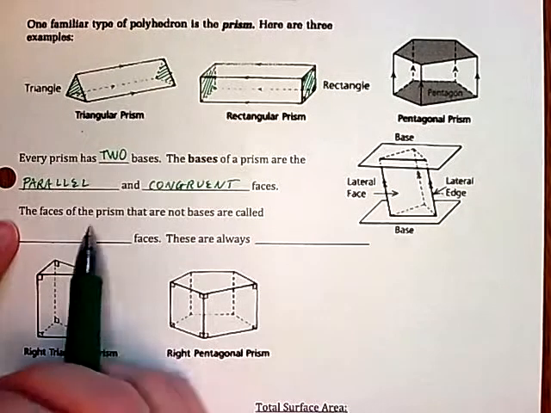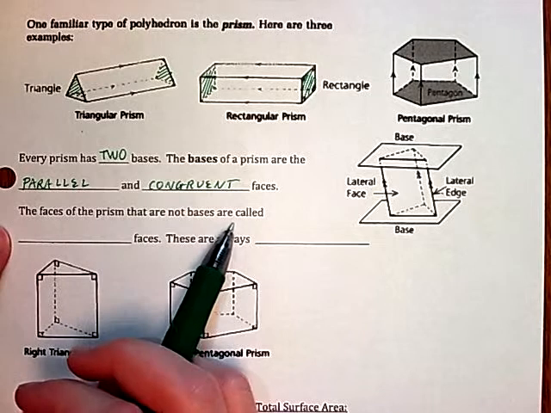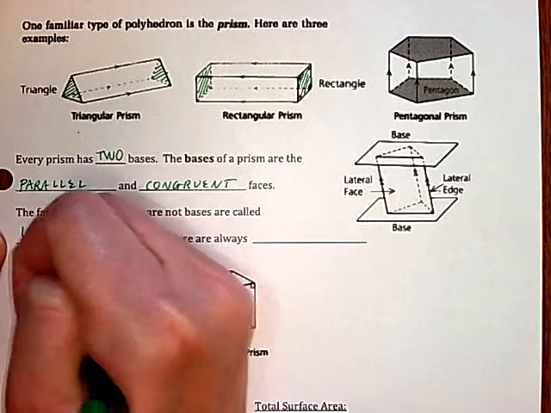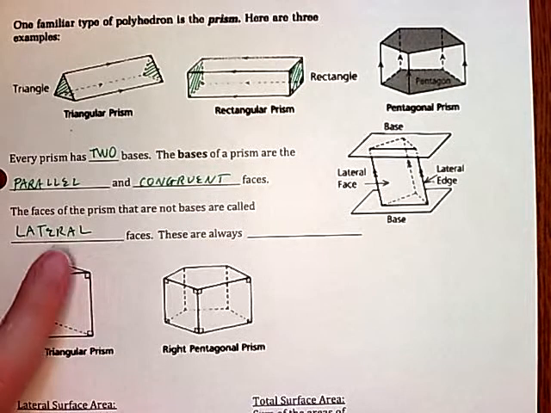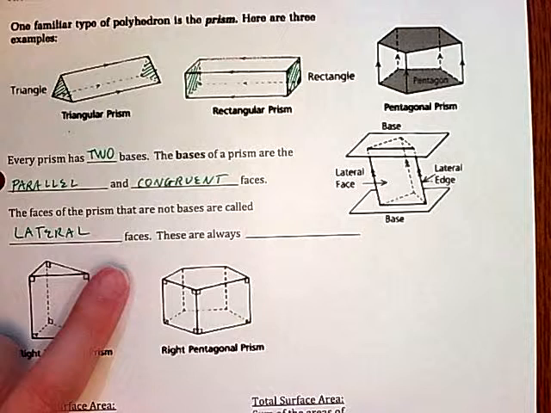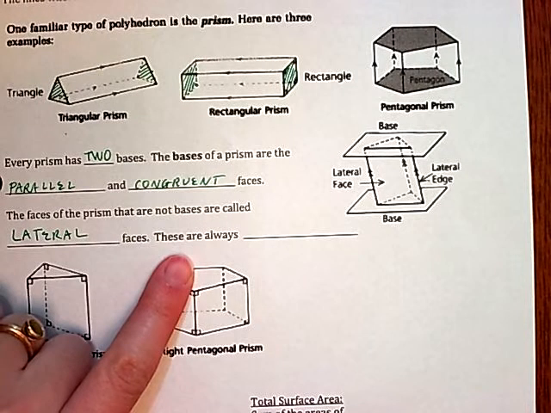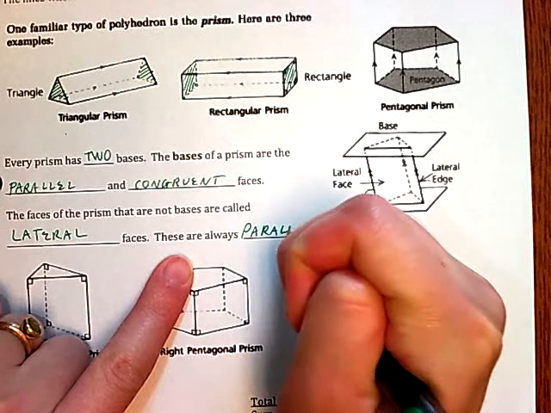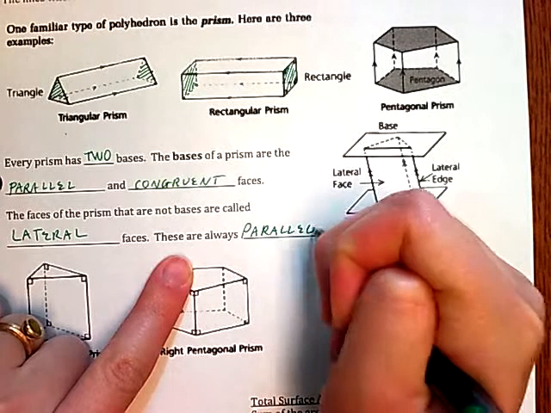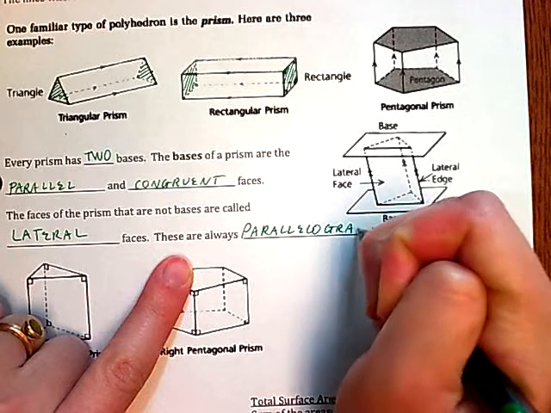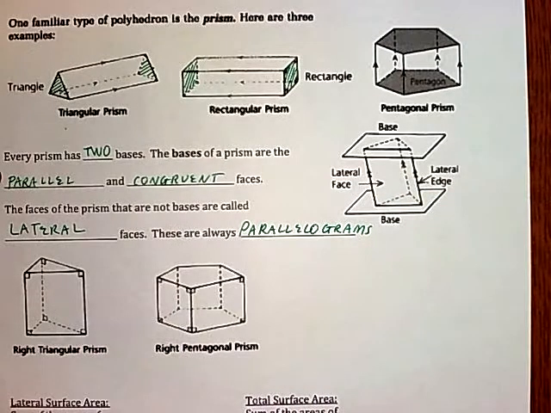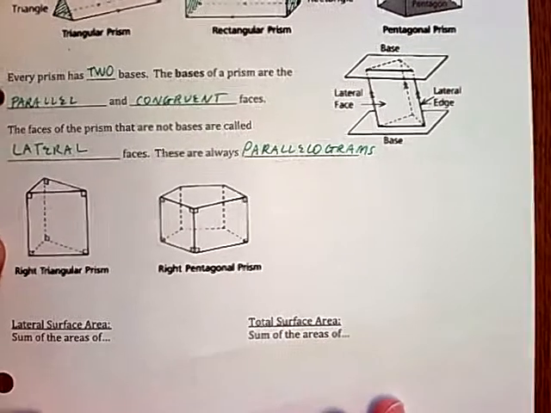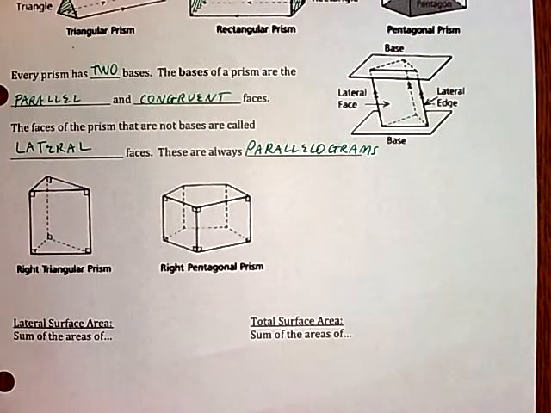So then it says the faces of the prism that are not bases are called lateral faces. And so besides the two bases, the lateral faces are always going to be parallelograms. And a lot of the ones we're going to look at are always going to be rectangles, and that's because they're a special kind of prism, which is called a right prism.